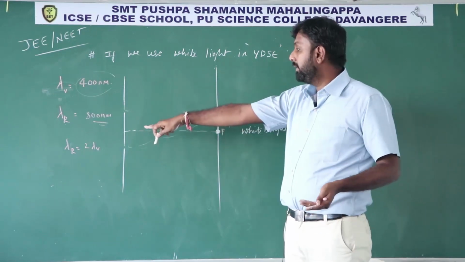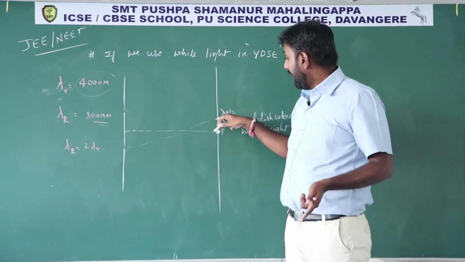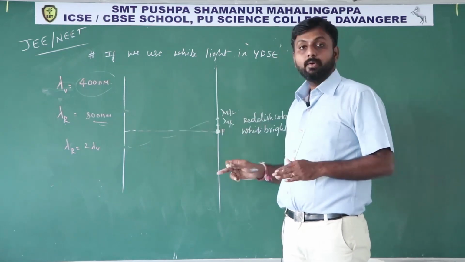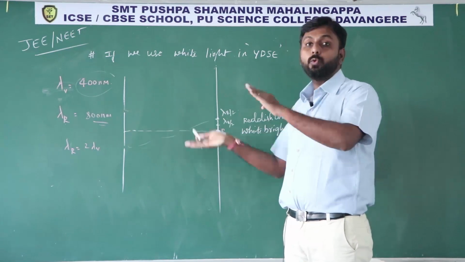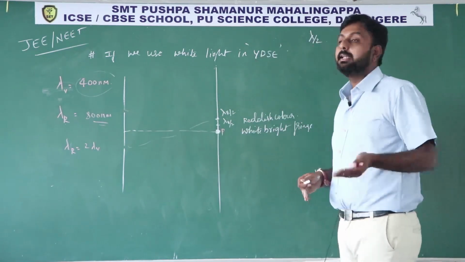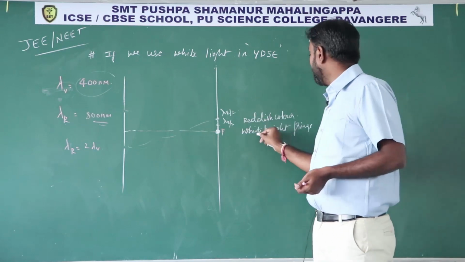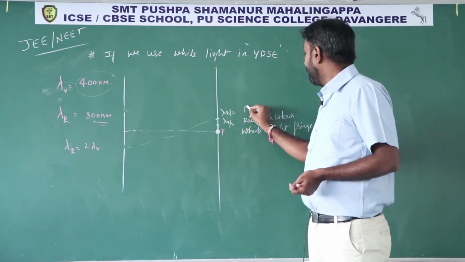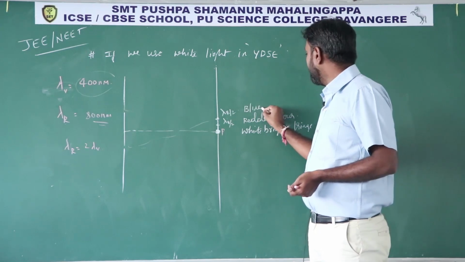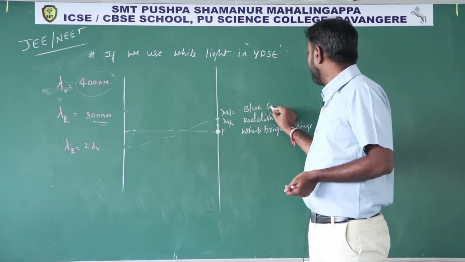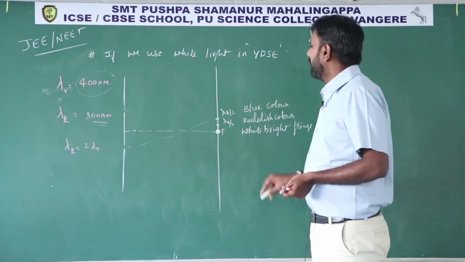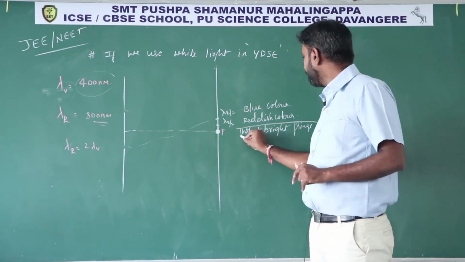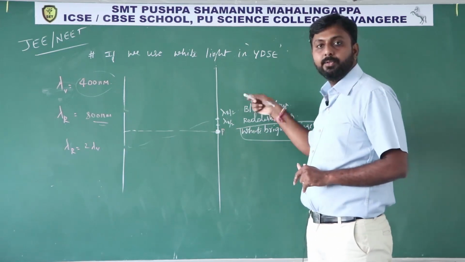If it is a dark fringe for red, the point is a bright fringe for violet, because the violet wavelength is half of the red. So after the white fringe you get the red fringe, next you get violet, somewhat blue color fringes. In this way, just remember: center white fringe, next red color, next blue color.